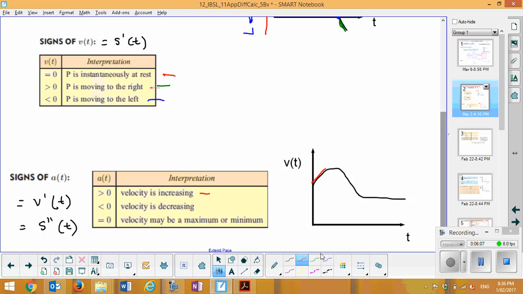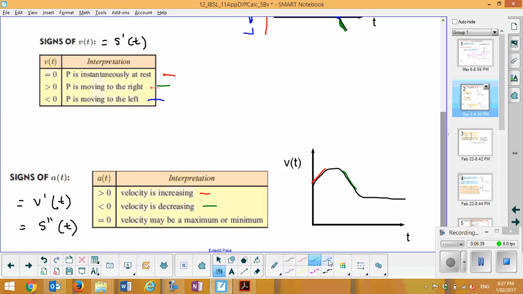Then it's decreasing here, wherever it has a negative slope on a tangent. That's meant to be a nice straight line, so that's a negative. Velocity is going down. Remember, a decreasing velocity, if it's positive, means it's getting slower and slower, but it's still positive. So it's still moving to the right, but it's not moving as fast to the right.